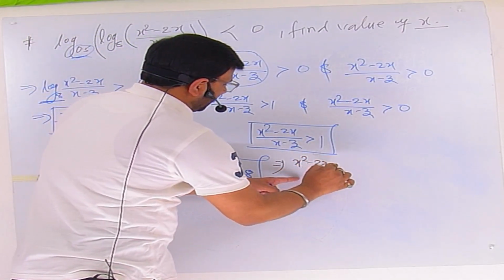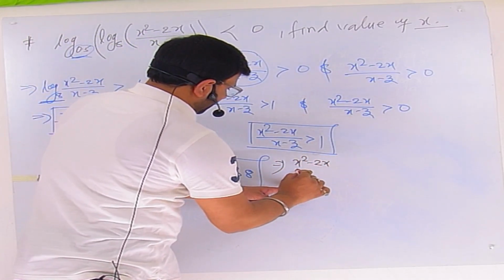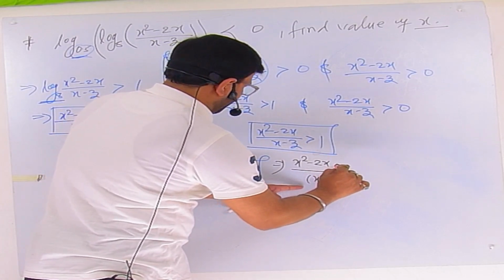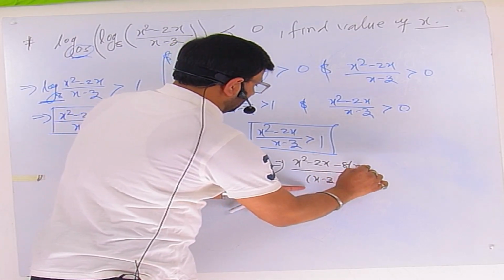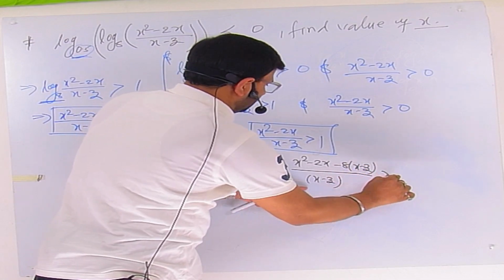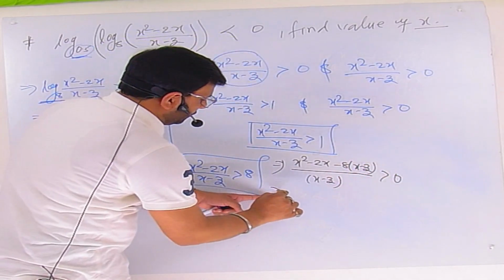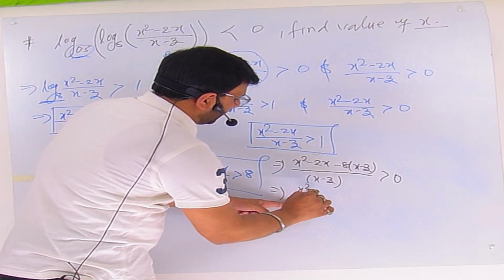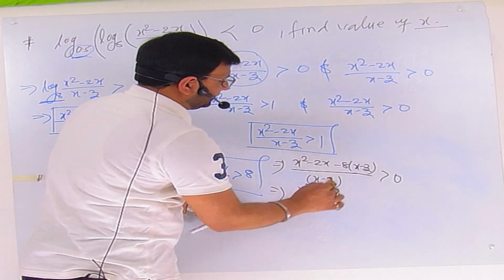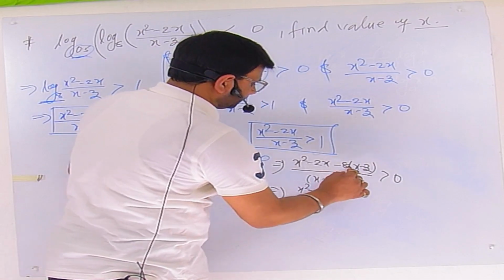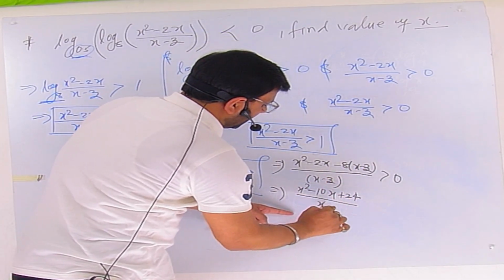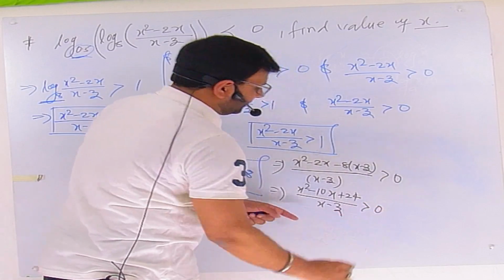So x square minus 2x, and x minus 3 is the LCM, so minus 8 into x minus 3 greater than 0. So what is this? x square minus 2x minus 8x, so x square minus 10x plus 24 divided by x minus 3 greater than 0.